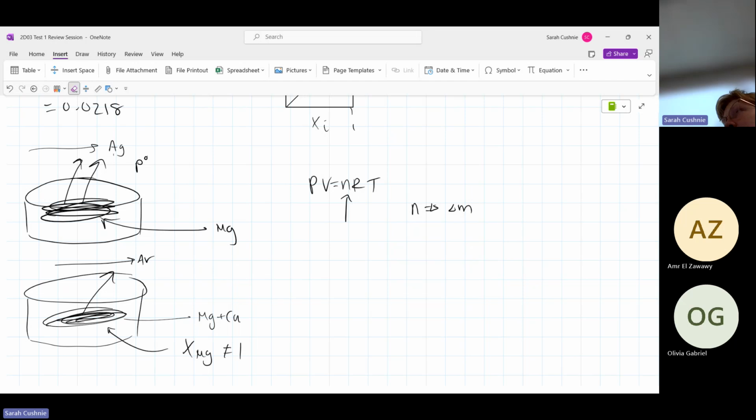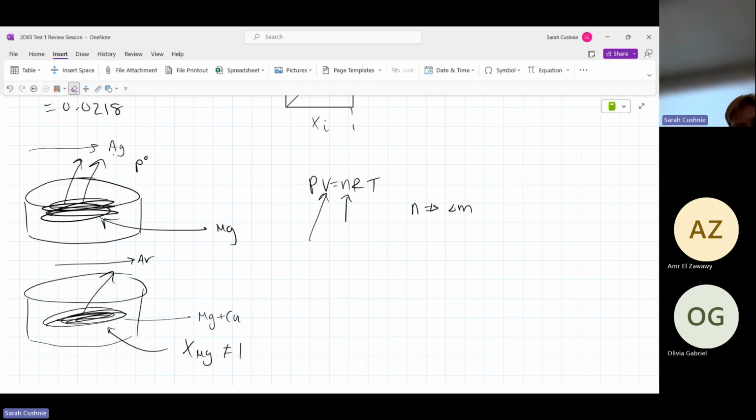So if it was just magnesium, then there would be no partial pressure? Well, if there was just magnesium and nothing above, then whatever would go into the air would give you the saturated pressure. We have the argon going above, so it's just magnesium and the argon. We'd still be getting a partial pressure because we have this really big volume taken up by other gas.